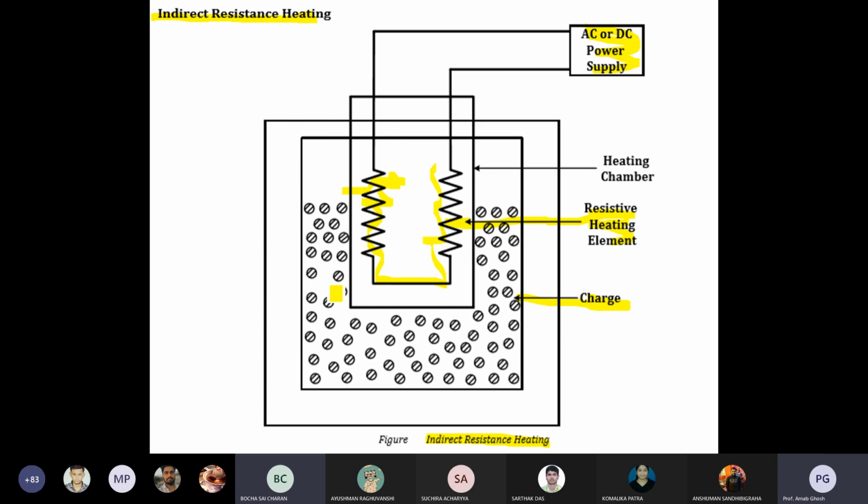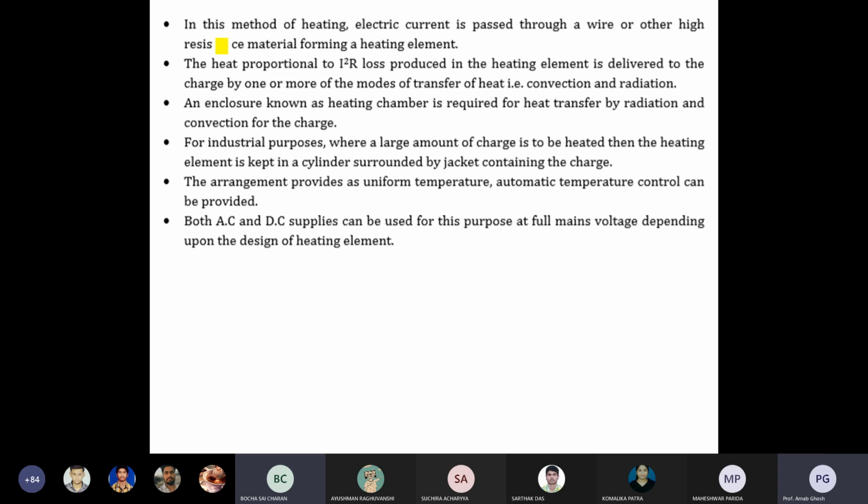What are the important features of this method? In this method of heating, electric current passes through a wire or outer high-resistance material forming the heating element, so current is passing outside. The heat, proportional to the I squared R loss produced in the heating element, is delivered to the charge by one or more modes of heat transfer, that means convection or radiation.